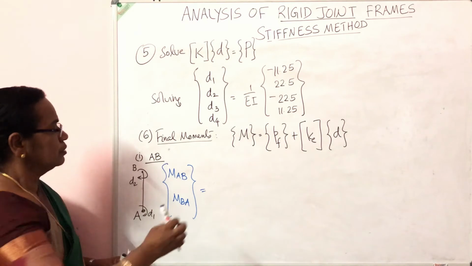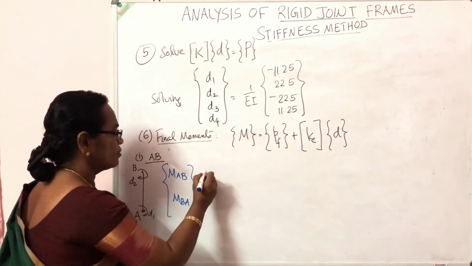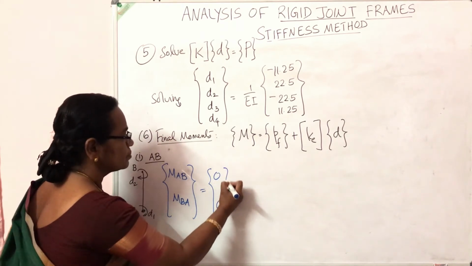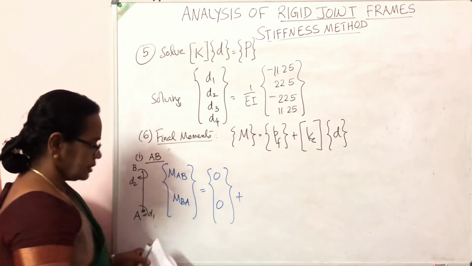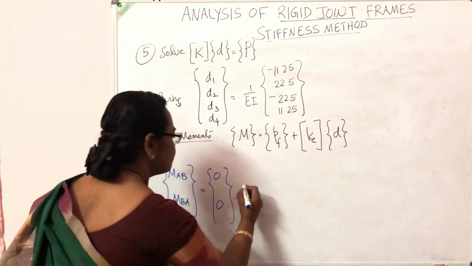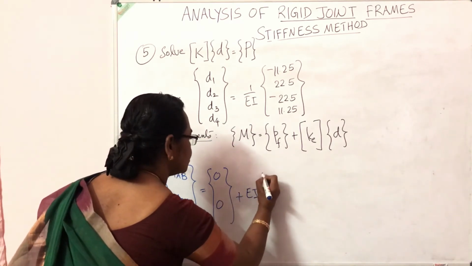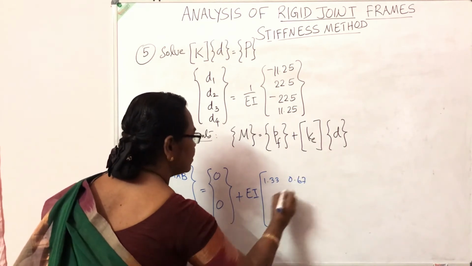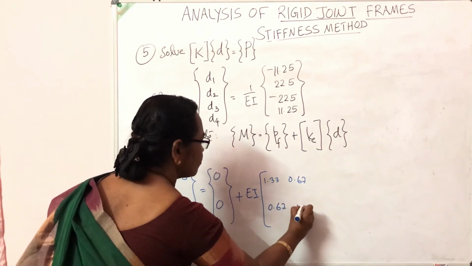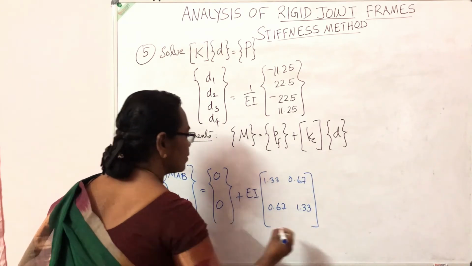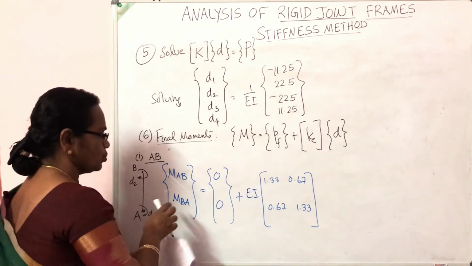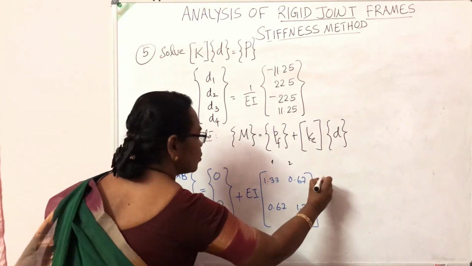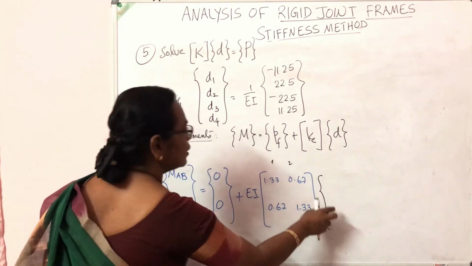That is equal to the fixed end moment vector. There was no load on this element, so the fixed end moment vector was 0, plus the element stiffness matrix. The stiffness matrix for that element was EI into 1.33, 0.67, 0.67, 1.33, and the numbers at the top are 1 and 2. So you multiply it with D1, D2.